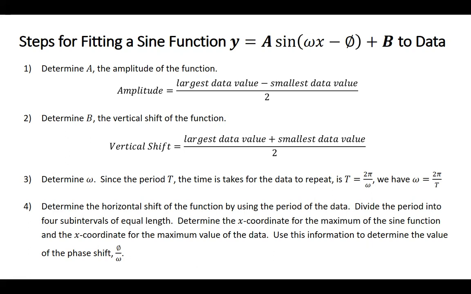So now we're trying to match up, where do we expect the peak to be in sine? Where do we see it in our data? And the difference between that is the phase shift, phi over omega, which means we can find phi by taking that shift and multiplying it by omega, which gives us phi.